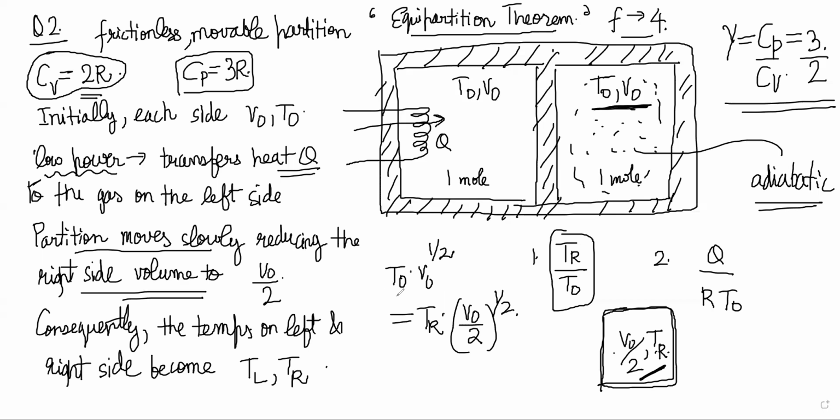So TR by T naught is simply equal to root 2, right? So the first part of this question is actually very easy, direct, simple adiabatic, you have to realize. All you need to know is the gamma value. This is one question of a paragraph.